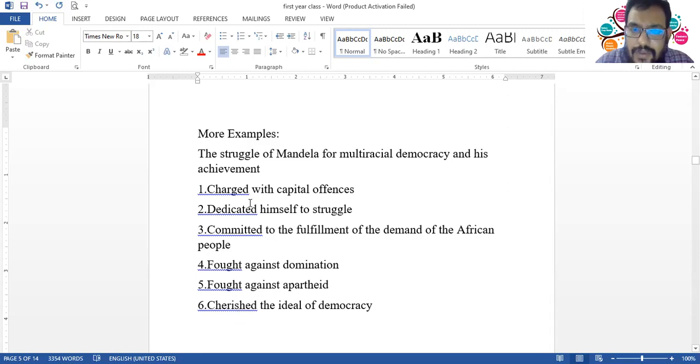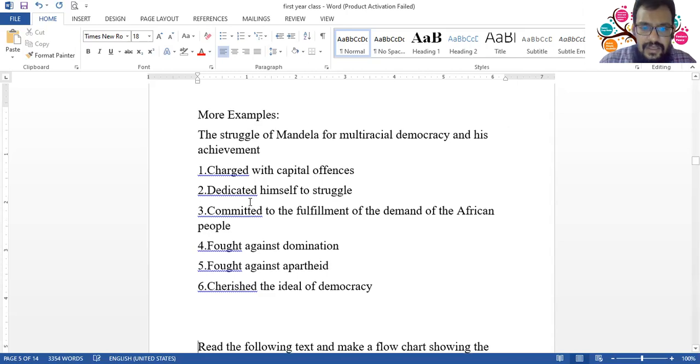But if you cannot write in this way, you can use other ways. So "dedicating himself to" you can use. But if we follow the first question and keep similarity, then it will look great and the presentation will be beautiful.